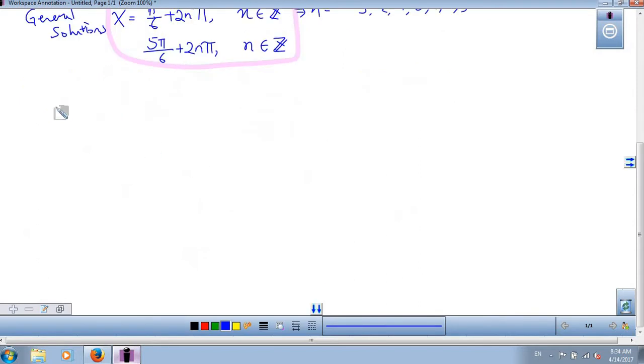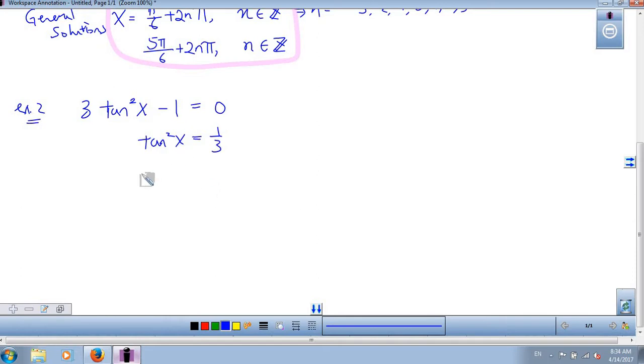Okay, all right. So let's take a look at another example here. Let's take a look at the tangent function. So 3 times tangent squared x minus 1 equals 0. In the first step, just like when we solve any kind of equation, we want to go ahead and isolate our expressions. So we move the 1 over by adding 1 on both sides of the equation, and then divide by 3, so it becomes tangent squared x equals 1/3.